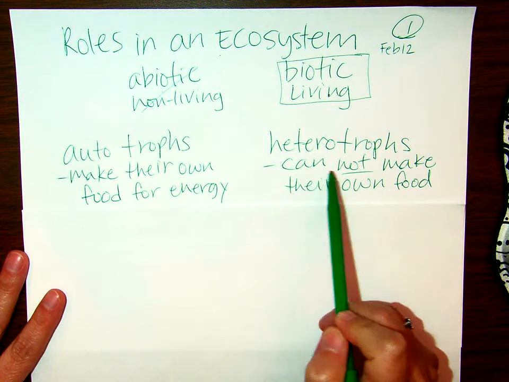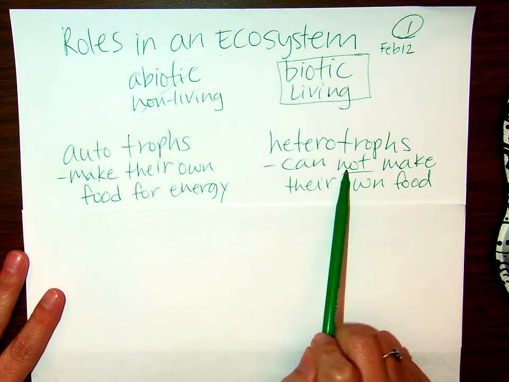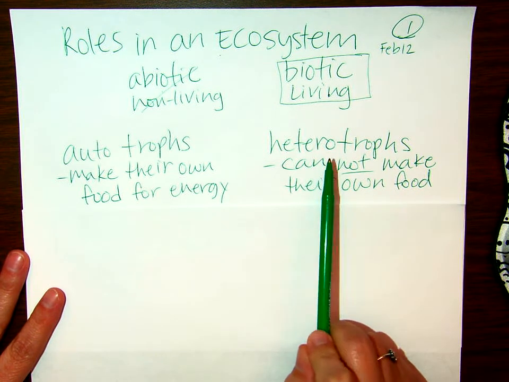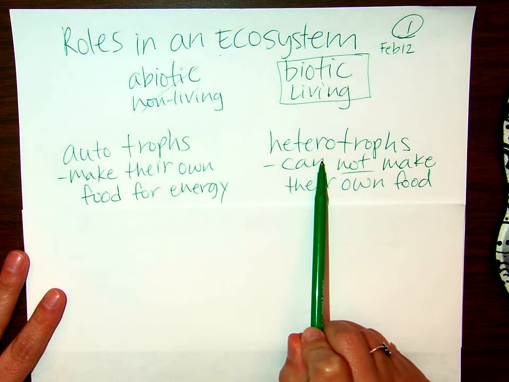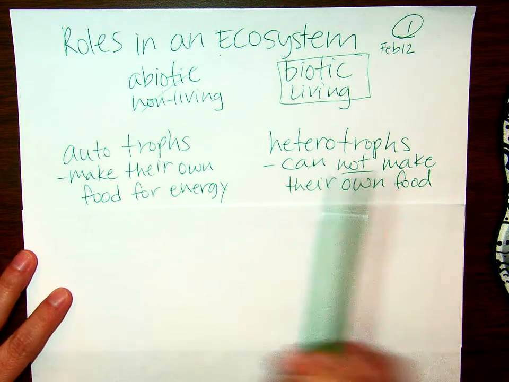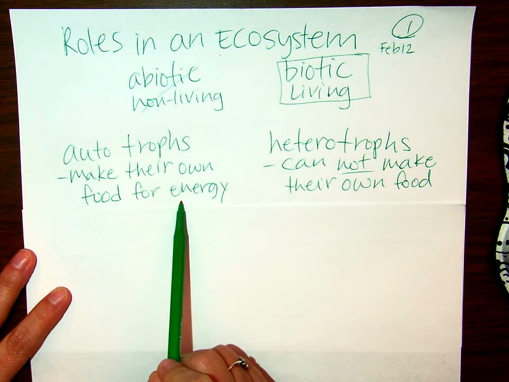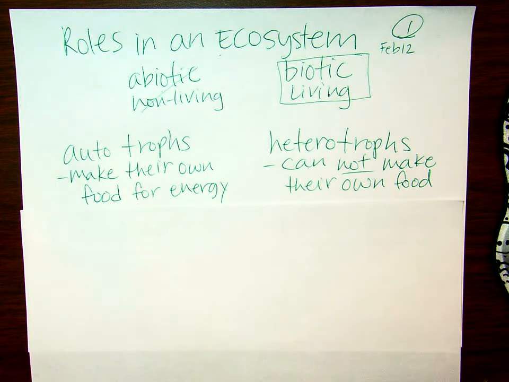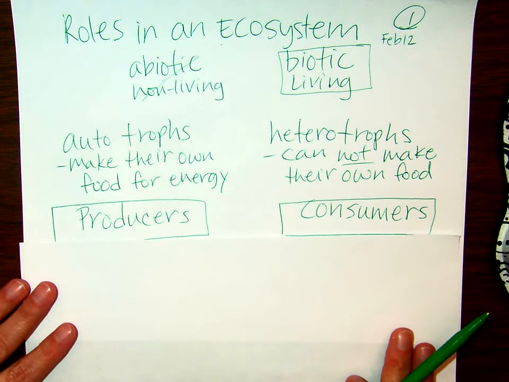Heterotrophs cannot make their own food for energy. So this would be like us and the animals. The bunnies, the squirrels, the coyotes, the ladybugs, things like that. Autotrophs, organisms that can make their own food for energy, these would be the plants. And so their scientific names are producers and consumers.